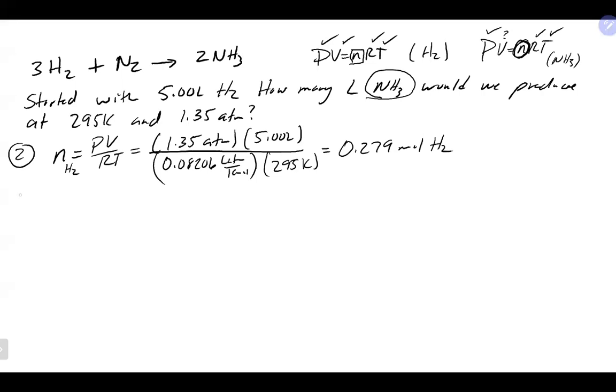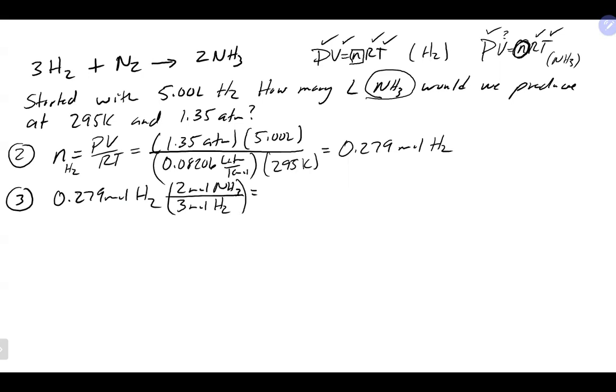So we do our third step here with stoichiometry, going from moles of hydrogen to moles of NH3. From the equation, 3 moles of hydrogen gives us 2 moles of NH3.